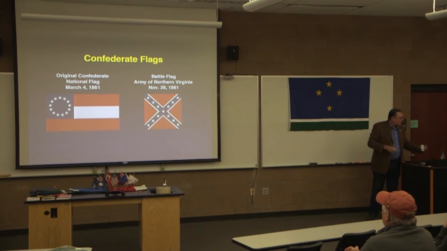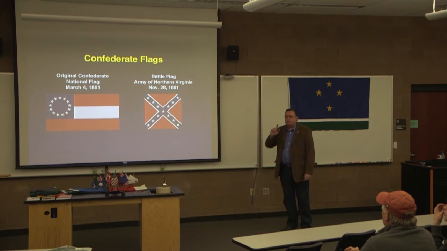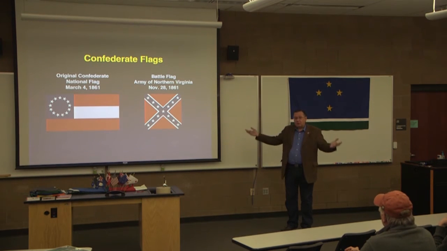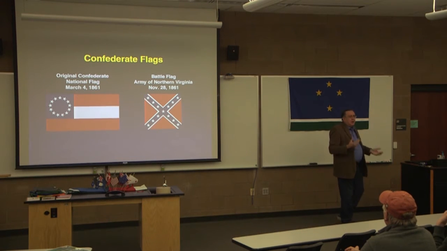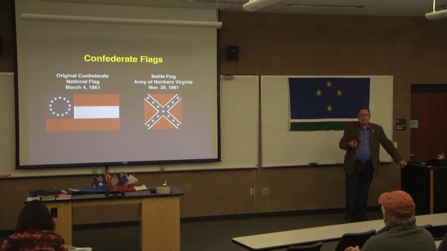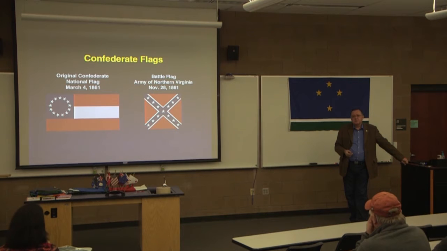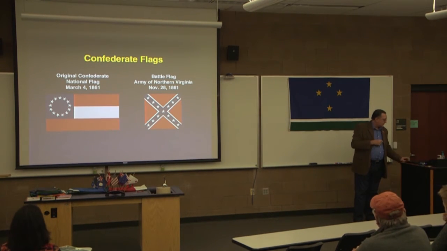One of the reasons they came up with a battle flag is because a lot of people said the national flag looks too much like the Northerners' flag, and people were getting confused, running to the wrong side. Oh, wait, no, that's not our flag. Run the other way. They had to use flags in battles to show where your group was. It was a way to communicate. They didn't have radios, so they communicated with the types of flags they had, and a battle flag was important.